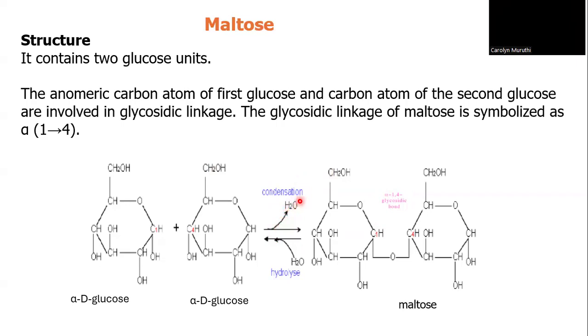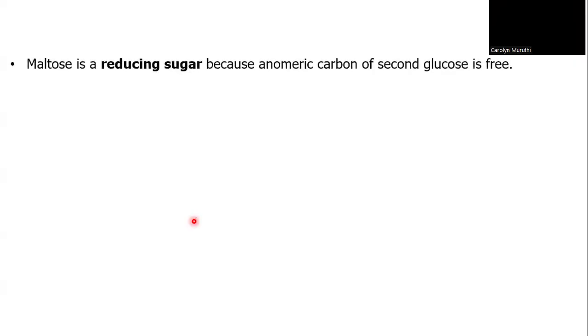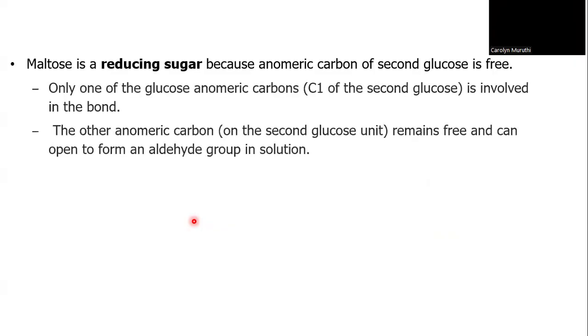Now, it's also important to remember how to count carbons in a glucose molecule. So we start at carbon number 1, 2, 3, 4, 5, 6. And that's why we're saying carbon number 1 and carbon number 4 of the second glucose are involved in a glycosidic linkage. And as a result, we see that maltose is a reducing sugar because the anomeric carbon of the second glucose is free, because it's not involved in the formation of the glycosidic linkage.